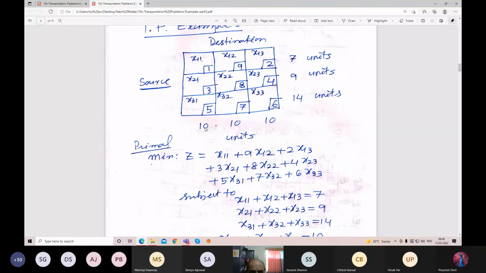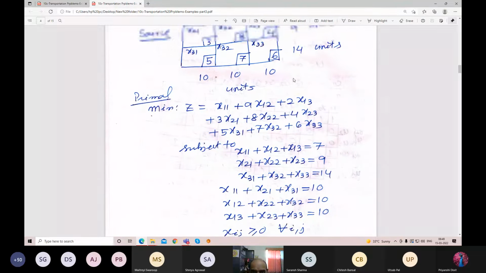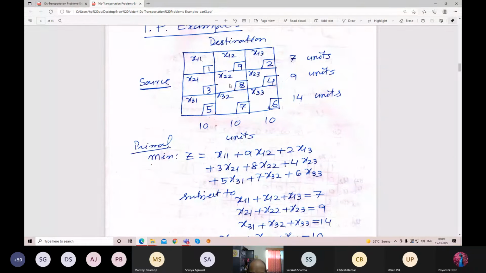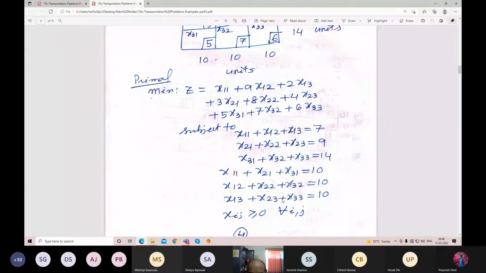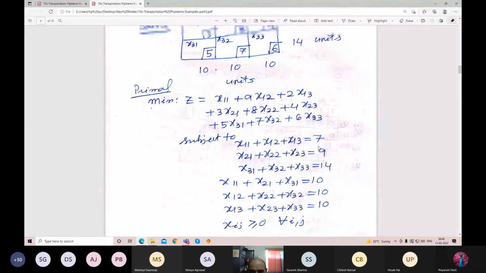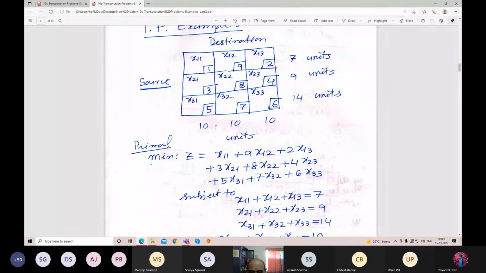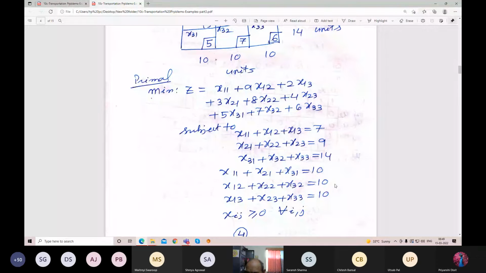Similarly, x12 plus x22 plus x32 is also equal to 10. Then similarly, x13 plus x23 plus x33 is also equal to 10. So 10 plus 10 plus 10 is 30, and that is also equal to 30. So this problem is a balanced transportation problem.